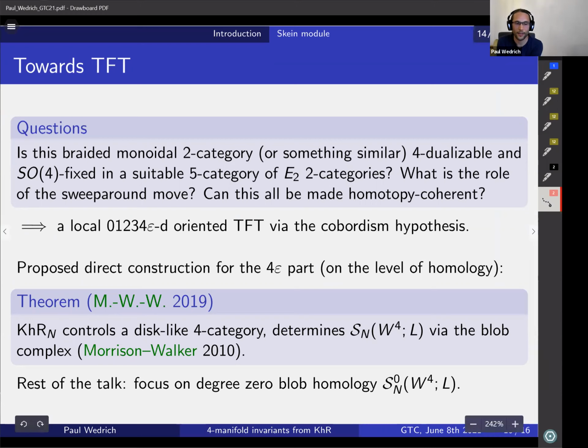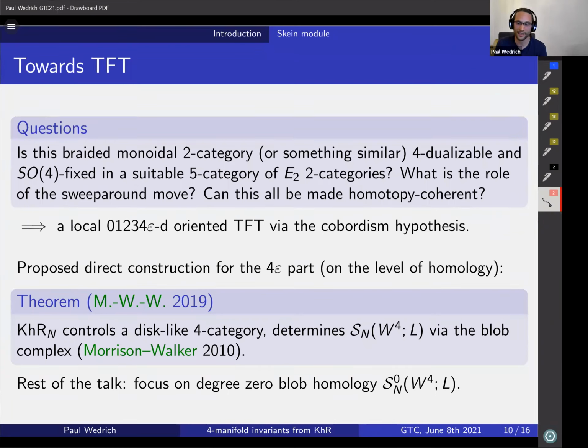And in general, this will be a triply graded abelian group, or if you work over a field, a triply graded vector space, where one grading is the quantum grading that corresponds to the q in your link polynomials. One grading is homological in nature, and it decategorifies to -1 in the Euler characteristic. And then there's an additional grading, which is the blob degree, and it's some kind of derived degree.